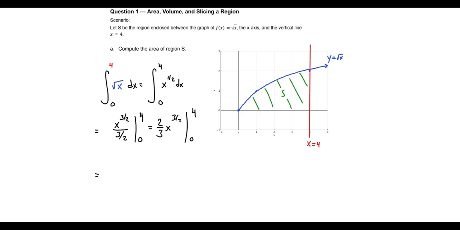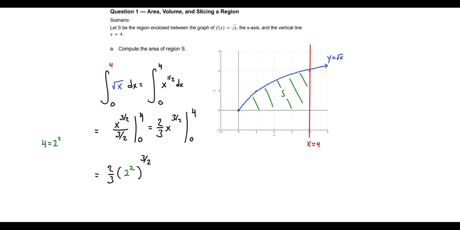So I'm going to plug 4 in for x. But I'm actually not going to just straight up plug 4 in, because I noticed something here. We're raising it to a fractional exponent, which is a little strange. But 4 is actually just 2 squared, right? So I can rewrite this as 2 squared here.